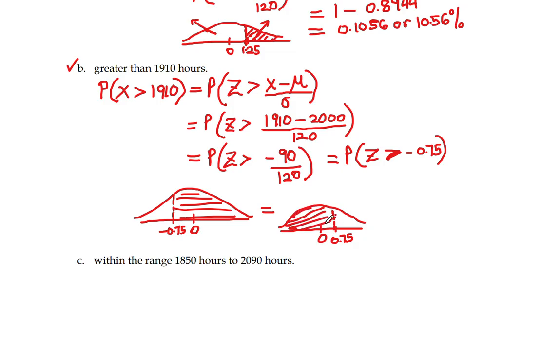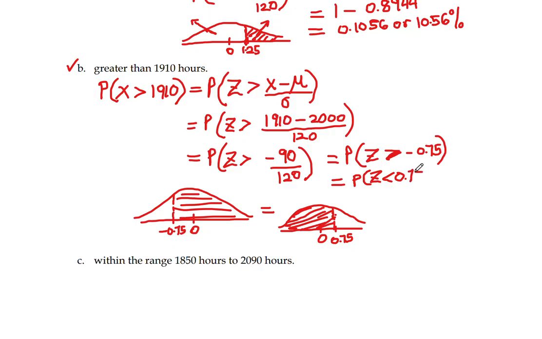Yes, so what we see here, therefore, is that the area to the right of negative 0.75 is exactly the same in terms of density as the area to the left of positive 0.75. So in effect, the probability that z is greater than negative 0.75 could simply be expressed as the probability that z is less than 0.75.